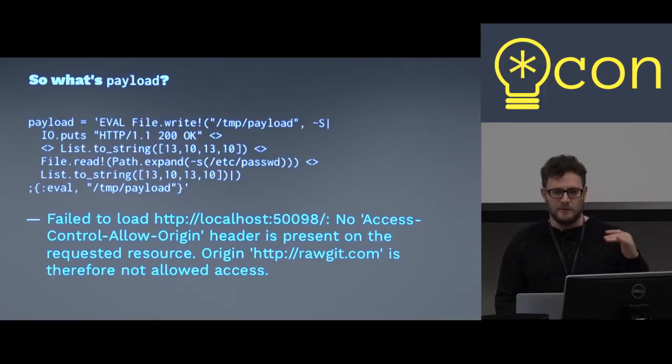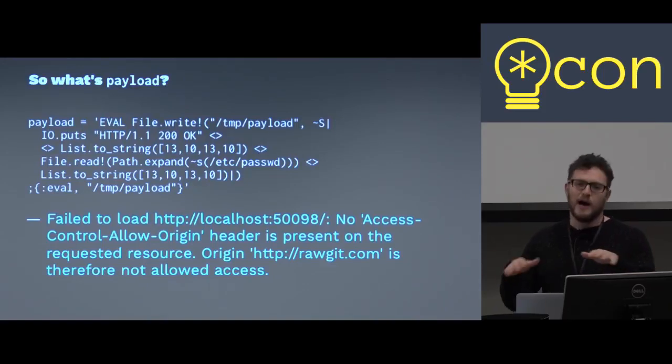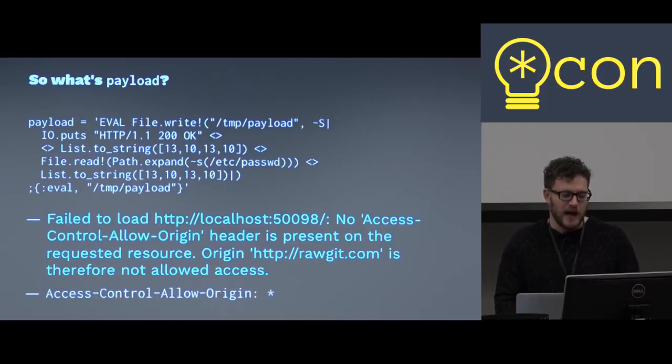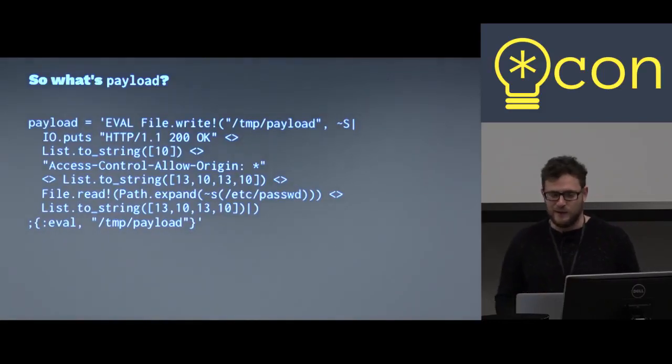Like, if I'm trying to do a cross-origin access, my server actually has to say, I'm allowing a request from this host, like, the browser, please render it. And that's something to protect from JavaScript doing just this. But we can just add access control allowed origin to our HTTP response in the server that we wrote, which says you can render a request from any server that you want to talk to.